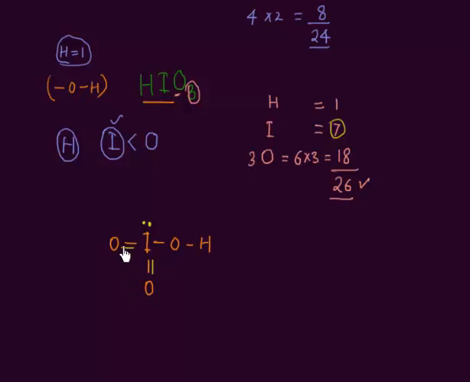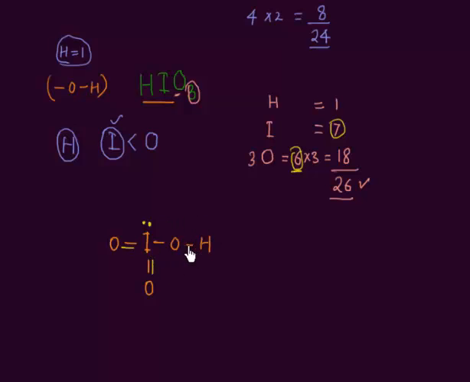Now let me take the oxygen part. Here you can see that this oxygen is forming a double bond, as well as this oxygen too, and this oxygen is also forming 2 bonds, meaning each oxygen atom is forming an equal number of bonds. These 2 are forming double bonds, and this oxygen atom is forming 2 bonds. Each oxygen atom has used 2 out of 6 valence electrons in forming 2 bonds.